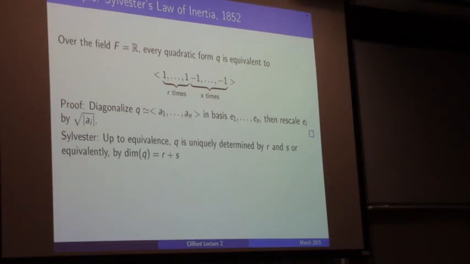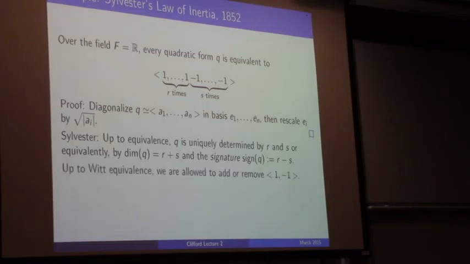So up to equivalence, Q is uniquely determined by r and s. r is the biggest dimension of a subspace where the form is positive definite. Sylvester introduced the difference between the two, r minus s, that's called the signature.